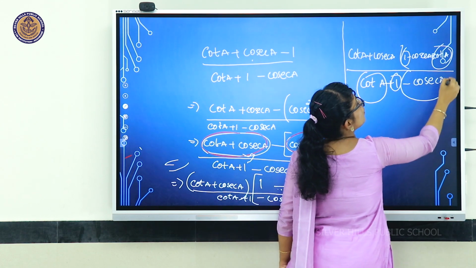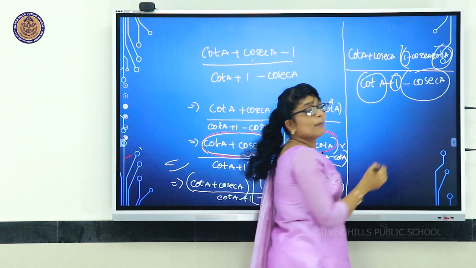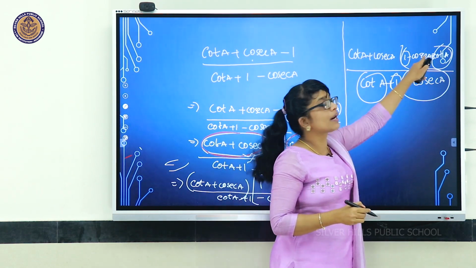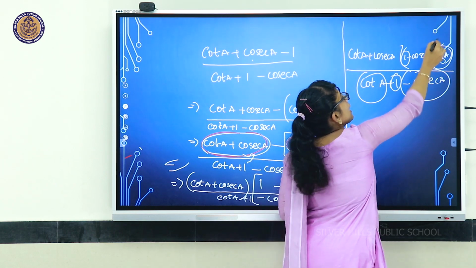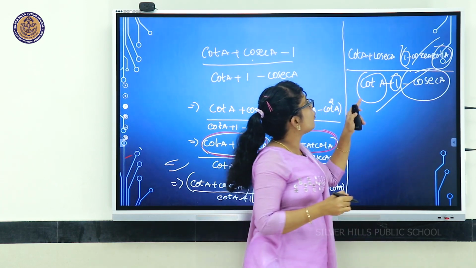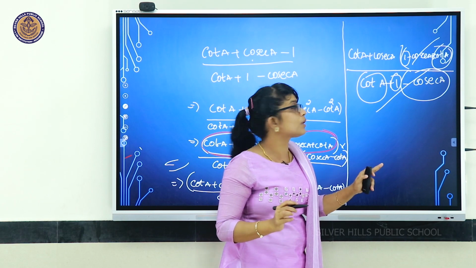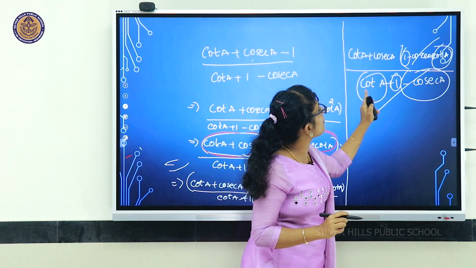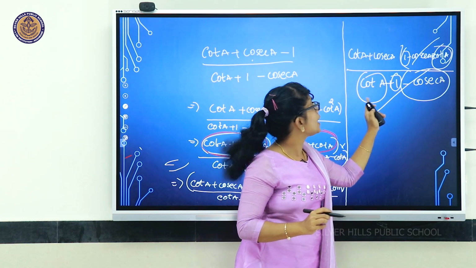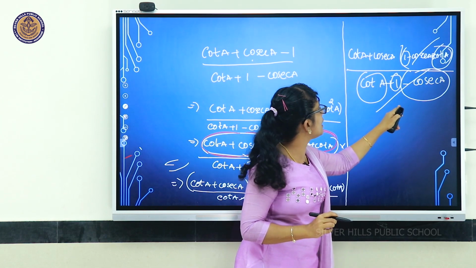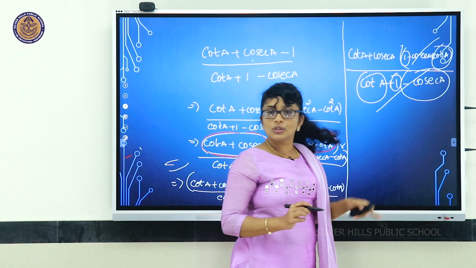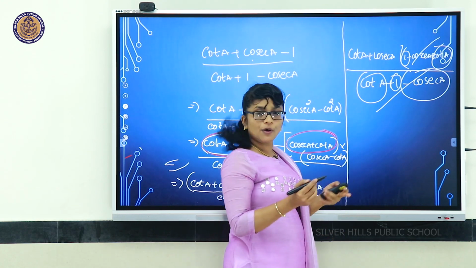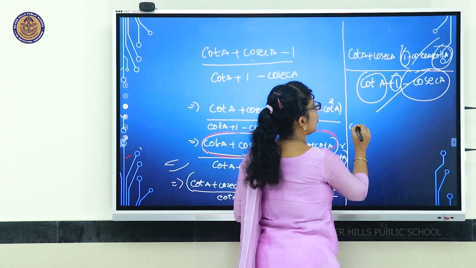Here minus cosec A, here also minus cosec A. This numerator and denominator are same terms, so you can cancel this. 1 minus cosec A plus cot A. Here also cot A plus 1 minus cosec A. If you rearrange the denominator, it is also 1 minus cosec A plus cot A.